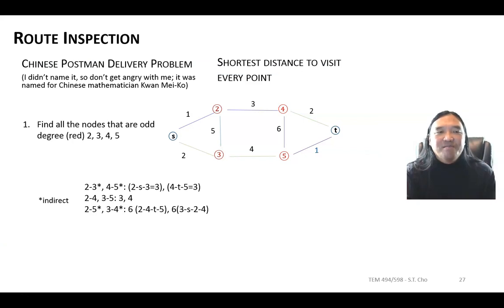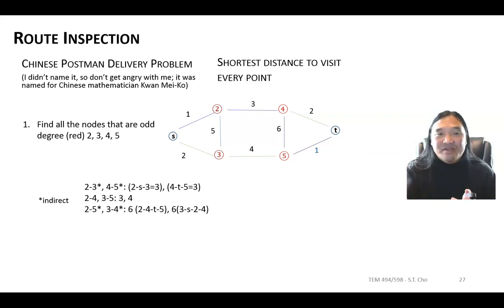Now, here's another type of route inspection problem, which is called the Chinese postman delivery problem. The person who came up with that name, I don't know if it's inappropriate or not, but it was named for a Chinese mathematician. But this is a common problem for postmen, for delivery people, Amazon.